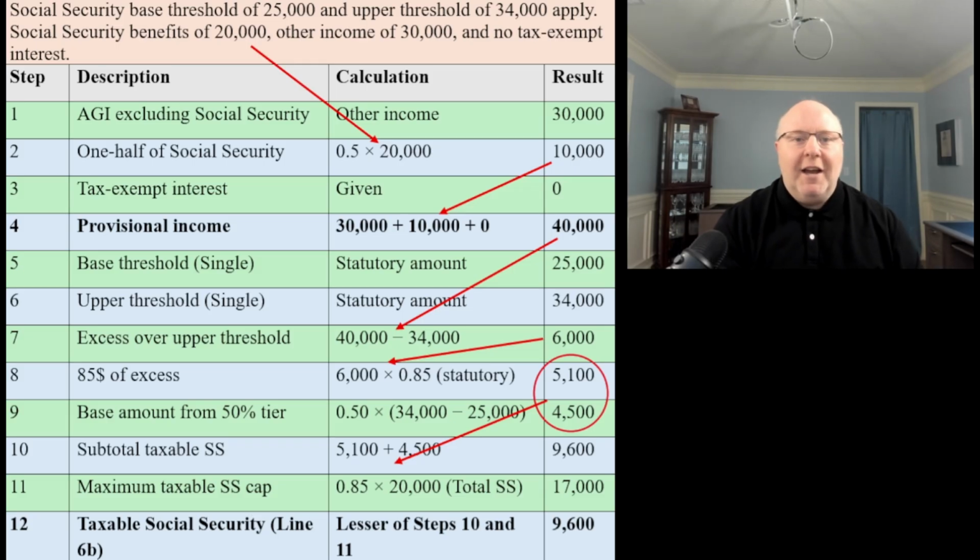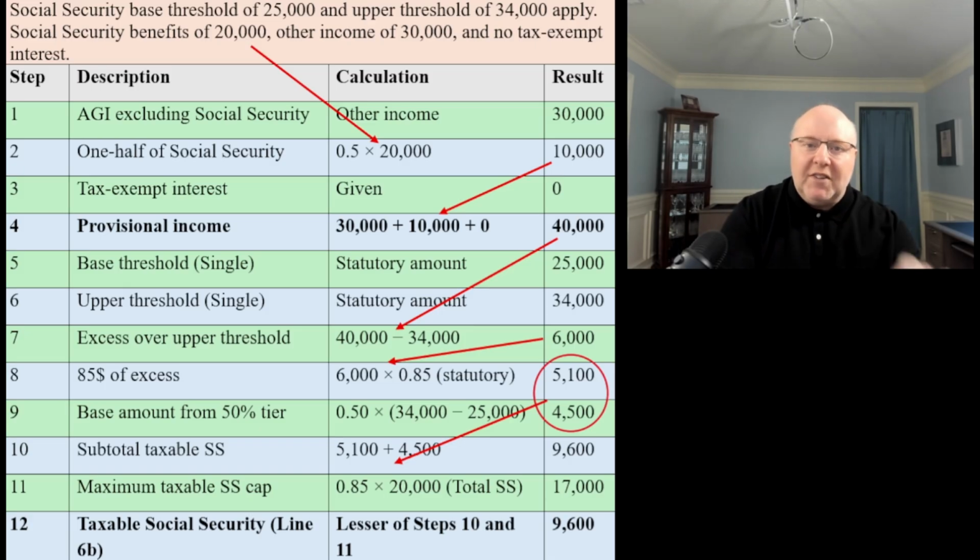You can see on my step number 8, I'm regretting it now, I put an $85 sign of excess. That should have been a percentage sign. Over in the calculations, I actually have the 0.85, so it's good there. I hit the 4 versus the 5. Anyway, what we are doing is 85% of the excess.